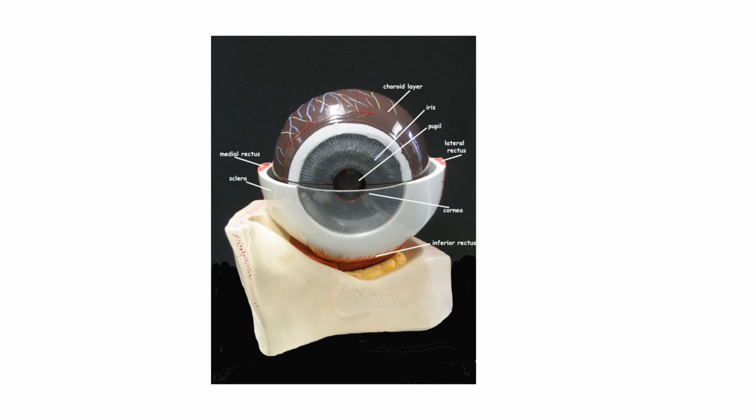The smooth muscle fibers in the iris control your pupillary diameter. Back here, this colored or pigment part is called the choroid. There are three parts to the vascular layer or vascular tunic: the iris, choroid, and you will see in another picture the ciliary body.